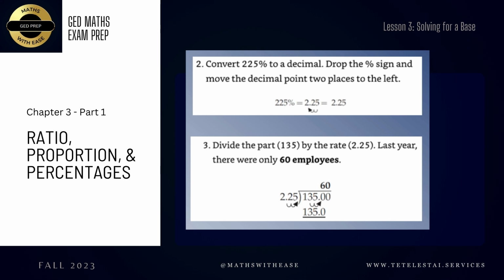And when you're dividing by a decimal, in this case 2.25, that's greater than 1, your answer should be smaller than the quantity that you're dividing. Okay.